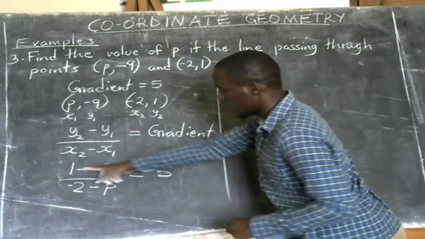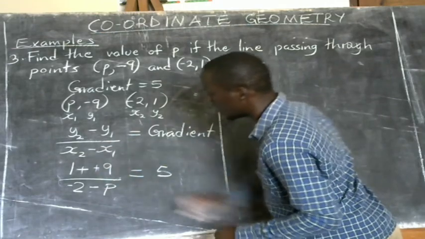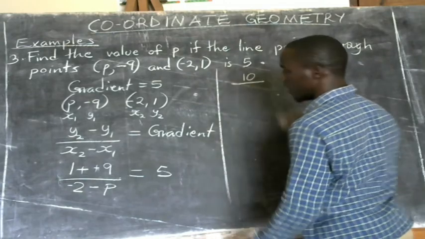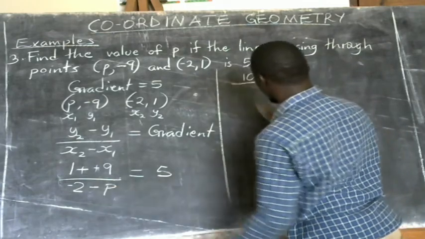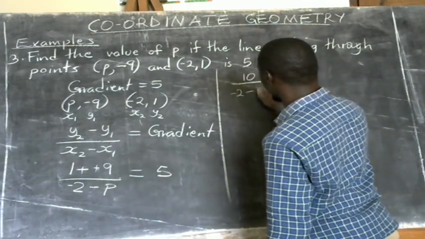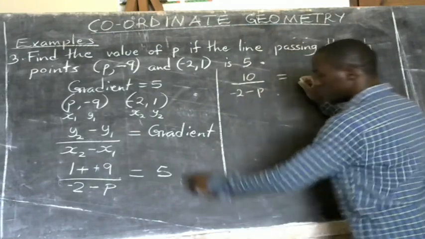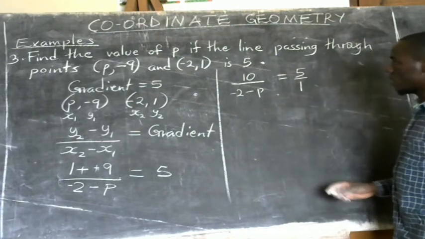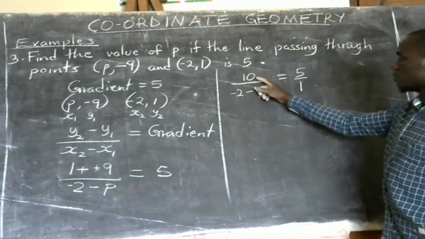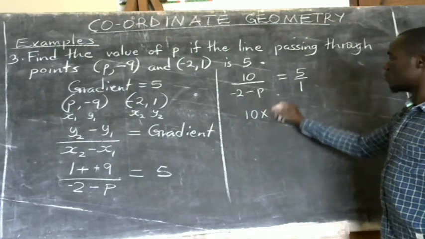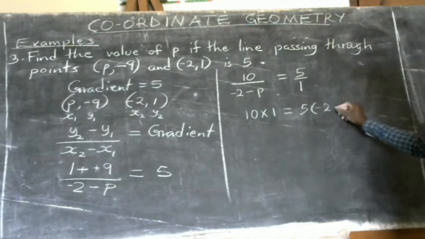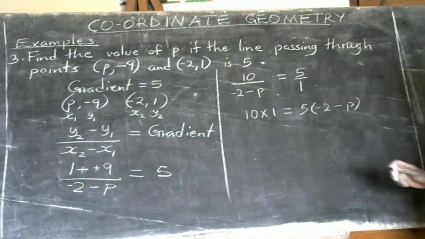So this one here becomes a positive, and now addition to get 10 divided by this one here, there is a figure and an unknown, is equivalent to, the other side is 5, and this 5 is all over a 1. So we are going to cross multiply. 10 times 1 is equivalent to 5 times the negative 2 minus the p.